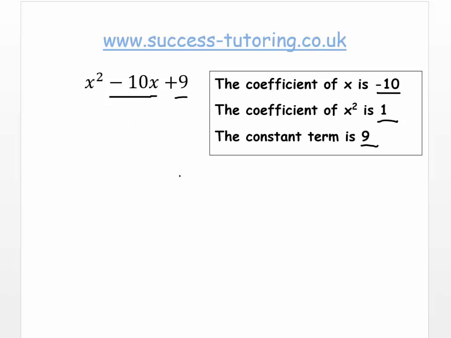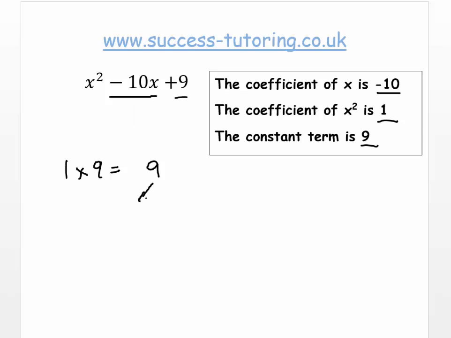It's the exact same process. Multiply the coefficient of x squared, which is 1, by the constant, which is 9. 1 times 9 is 9. Now we need two factors of 9 that add up to give me minus 10. You might be thinking, how on earth am I going to work that out? I'm going to show you.